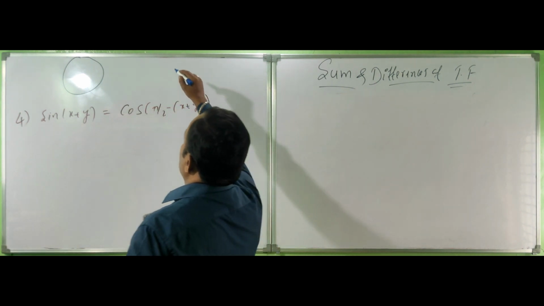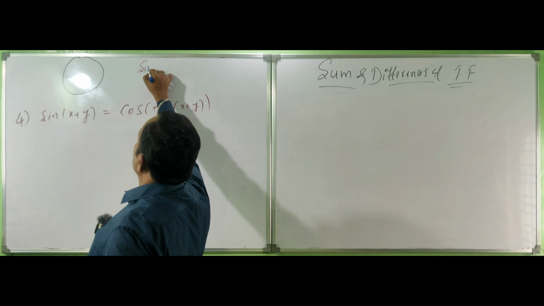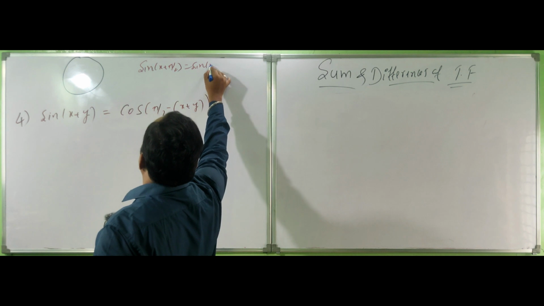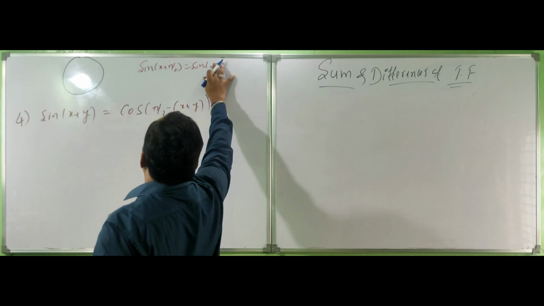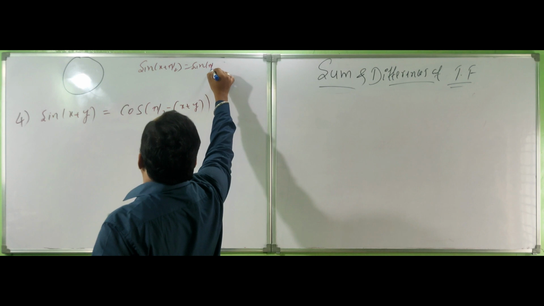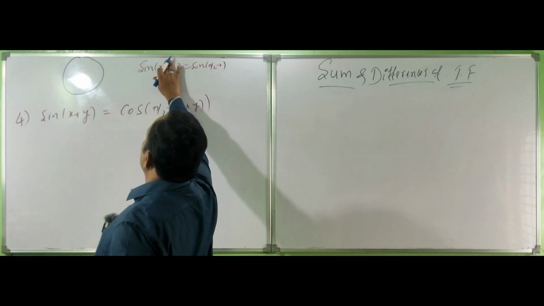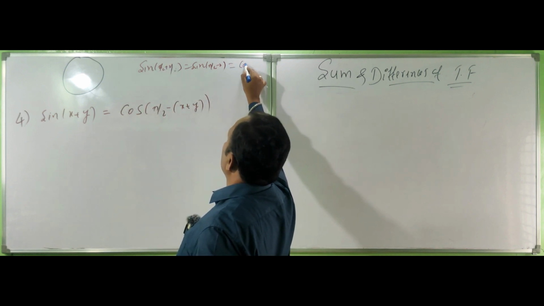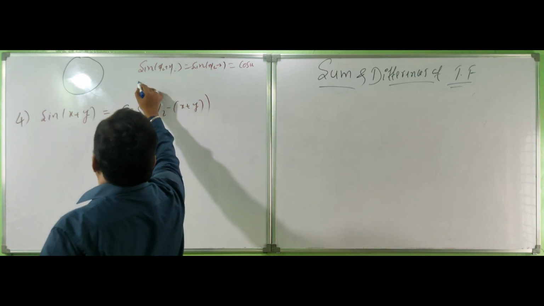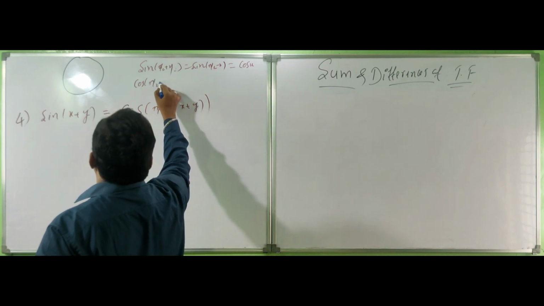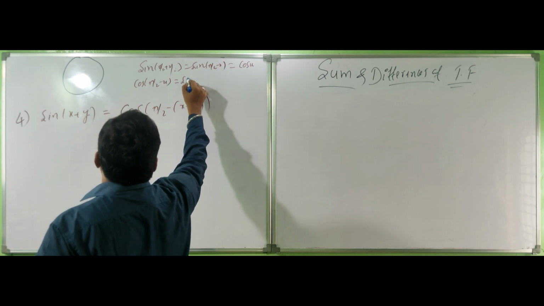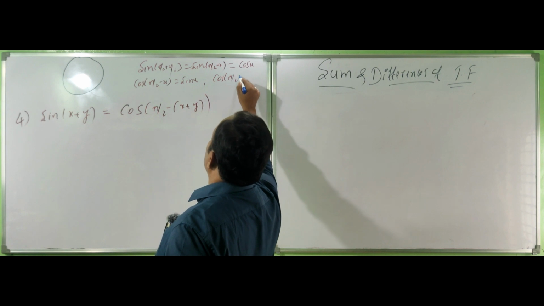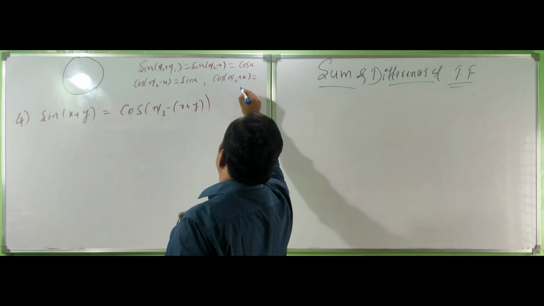Only the difference is, sin of pi by 2 minus x and pi by 2 plus x gives cos x, and cos of pi by 2 minus x gives sin x, and cos of pi by 2 plus x gives minus sin x.